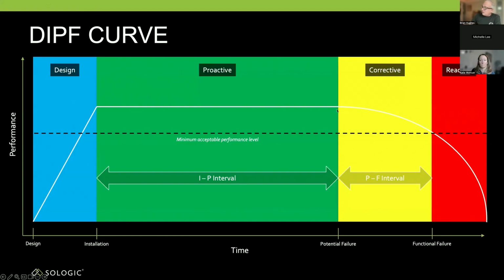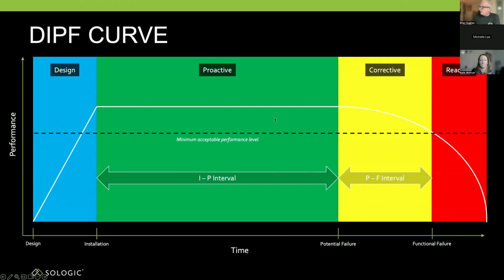The earliest that we can detect that is helpful, because the length of time between here and here is our opportunity to fix it or take corrective action to bring it back into the green zone. But if we don't recognize it and we cross this horizon from yellow into red, that's the point where its performance, it might still be operating, but it's not operating at the level that we require it to. And then ultimately it leads to complete failure.